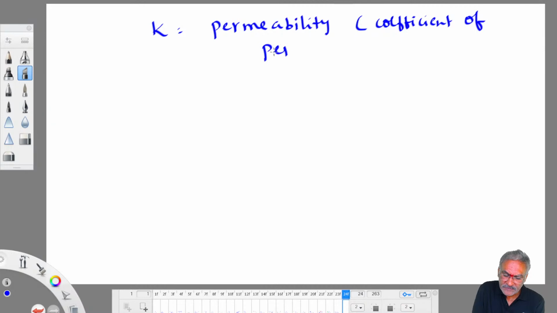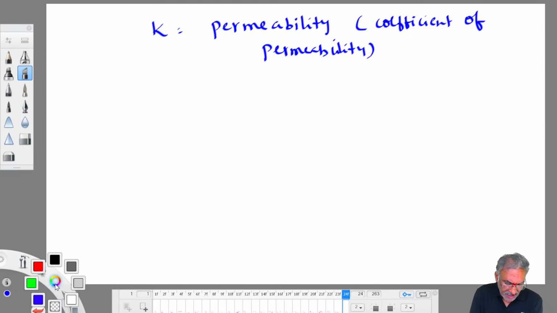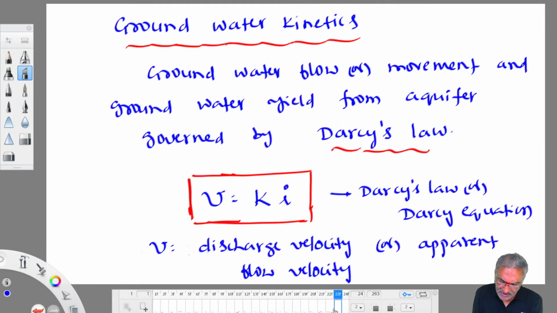This is a soil property. Depending upon this, we work out how much water we can collect. How much water soil can yield depends on the K value also. V is equal to Ki.